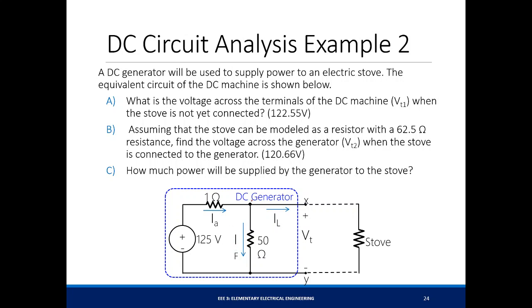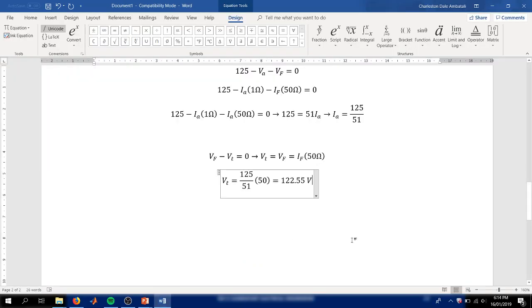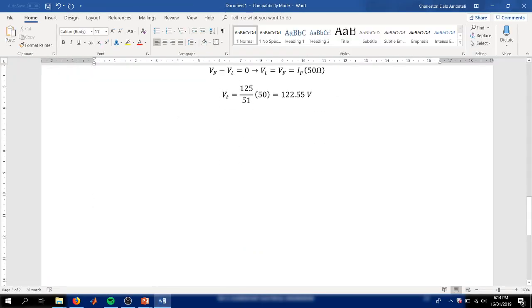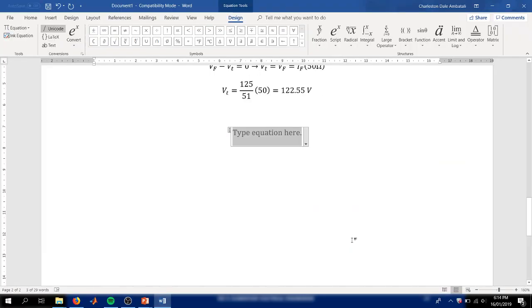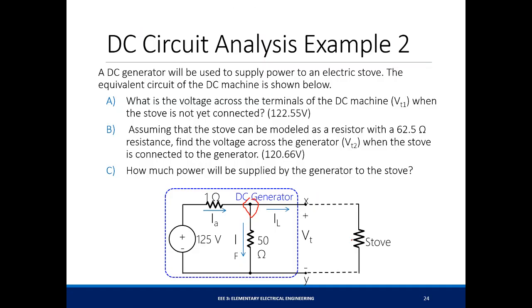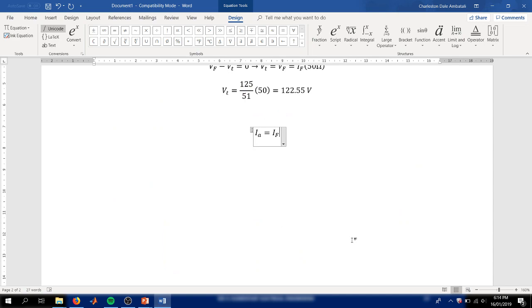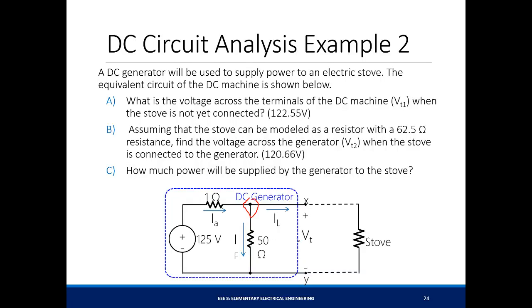So first, KCL at this node right here. The sum of the currents going in equal to the sum of the currents going out. So that is IA equals IF plus IL. That's equation 1. Equation 2 can be, you can use this loop right here.